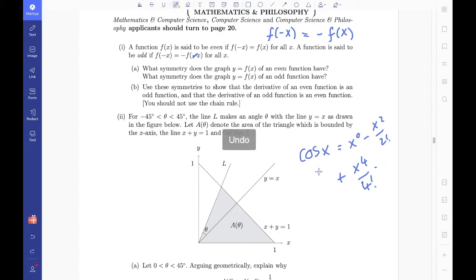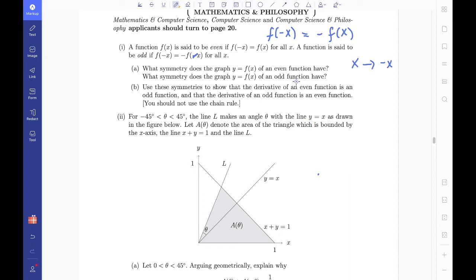The way that you can argue this is if you look at any of those curves, or think about what this transformation is. Remember that if you replace x with negative x in a function of x, that is a reflection in the y-axis. What it actually does is it does nothing to our curve.